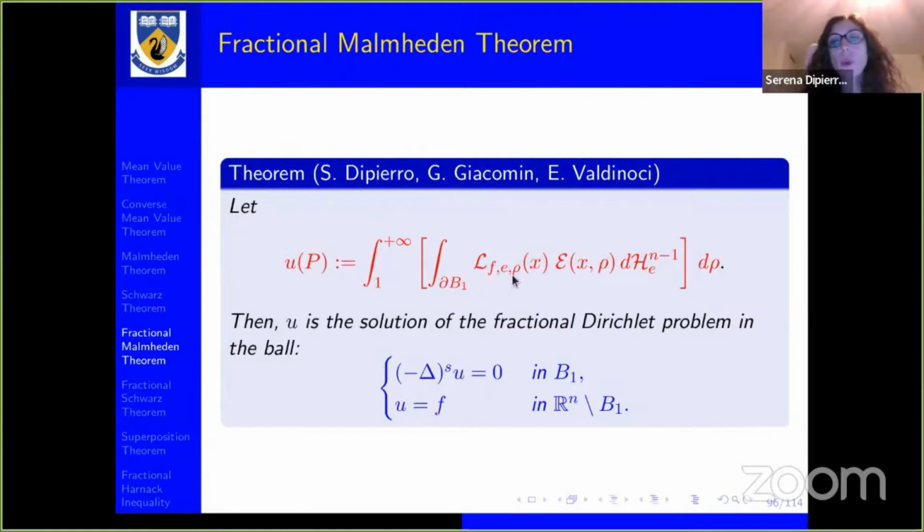And then I have this geometric object, this affine interpolation of points. And here I have my weight kernel. Then if I do like this, U is the solution of the fractional Dirichlet problem in the ball. So this U solves fractional Laplacian equal to 0 in B1, U equal to F outside B1. And F is hidden here, because this object is an affine function interpolating the two endpoints.